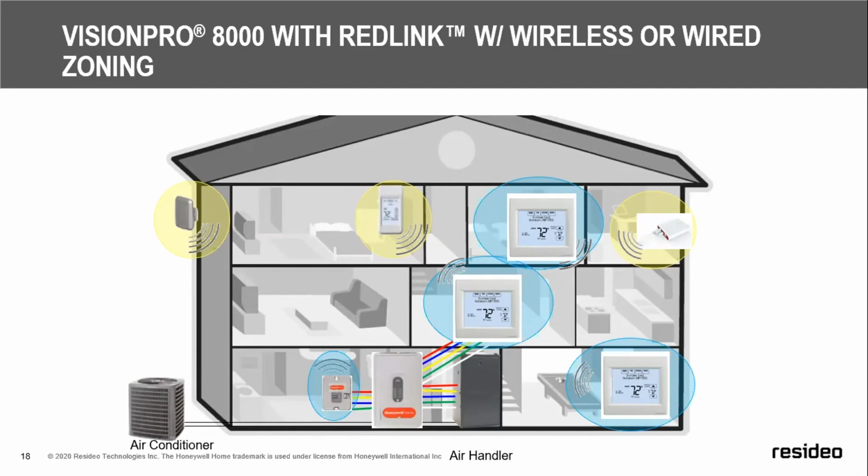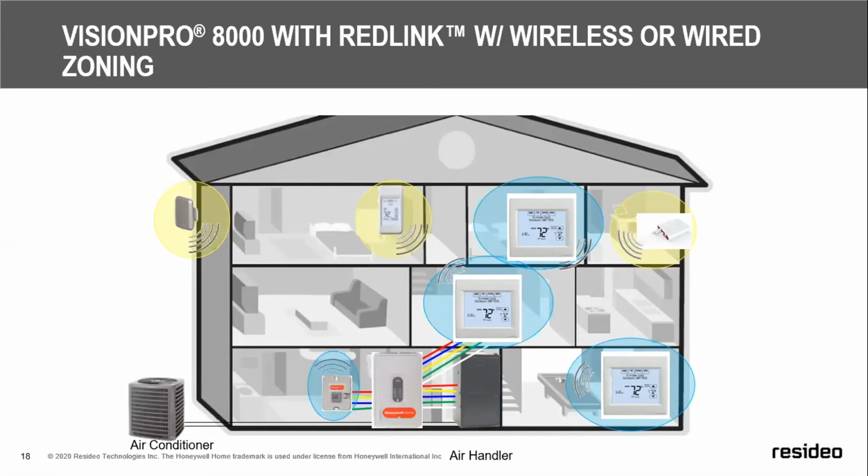Now you see the outdoor temperature sensor, hopefully on the north side of the house in the shade, and it is transmitting the outdoor temperature and the humidity to all three thermostats that you see. And it even transmits it to the portable comfort control, which you see right here.